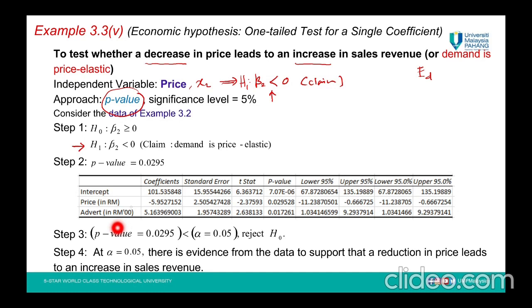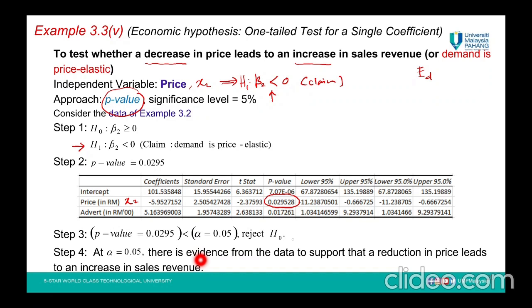In step 2, we want to get the p-value for x2. The p-value for x2 can be obtained from this part, by taking the value at 4 decimal places. So the p-value now is 0.0295. So we complete step 2.